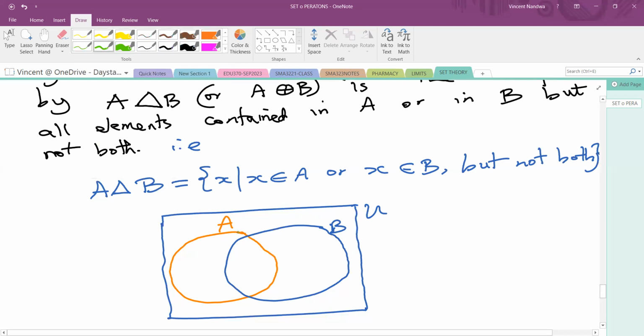And so to be only in A, remember we'll avoid this part, which is common to A and B, and then shade these other parts.